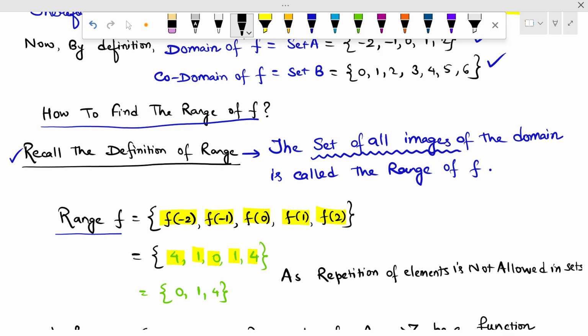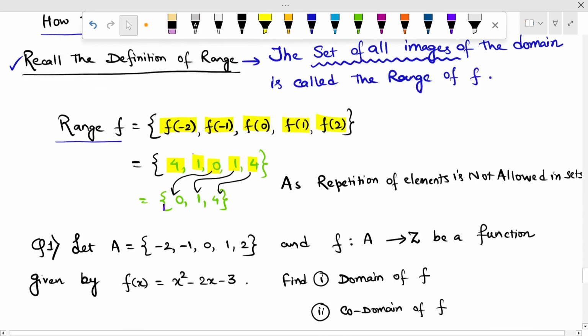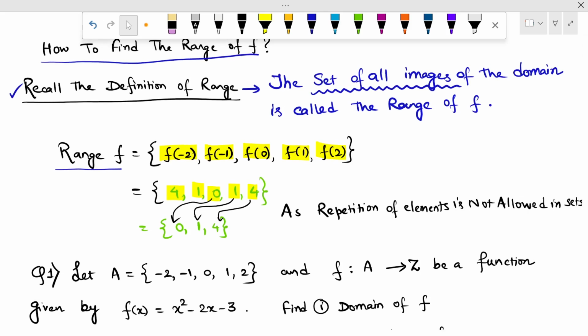In set theory, you cannot repeat the elements in a set. So we have to write this 4 once. We have to write this 1 once and this 0 once, right? As repetition is not allowed in a set. So the range of f is this set.